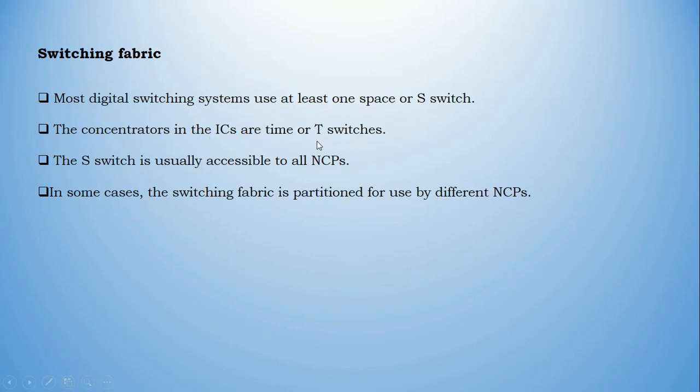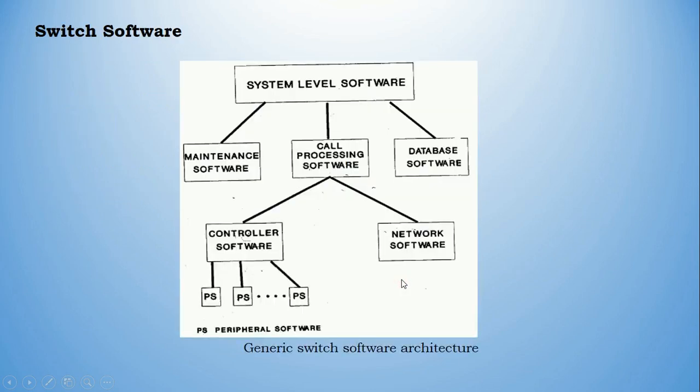The concentrator uses a T switch, and afterwards the S switch is used for all NCPs. That means NCPs use only space switch. In some cases it may have a different switching fabric also. The particular use of the switching fabric is just to connect and disconnect using the S type of switch. So that is about hardware architecture.